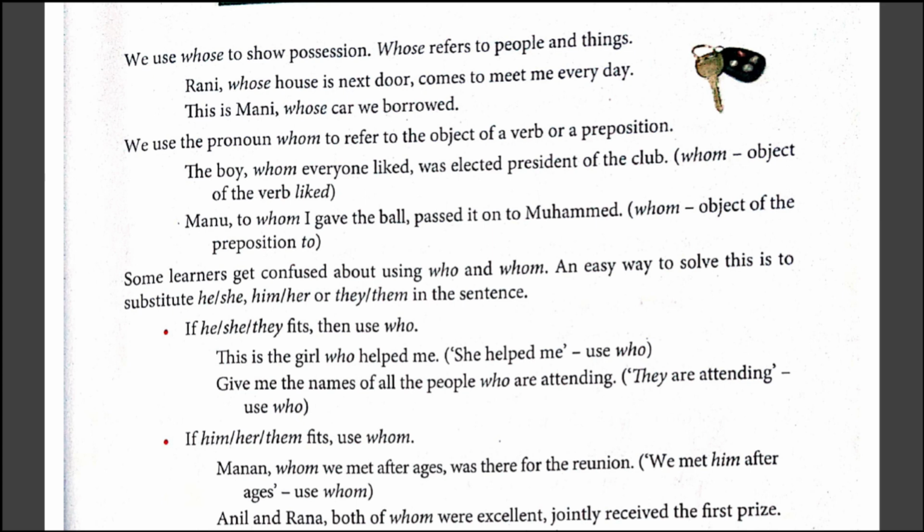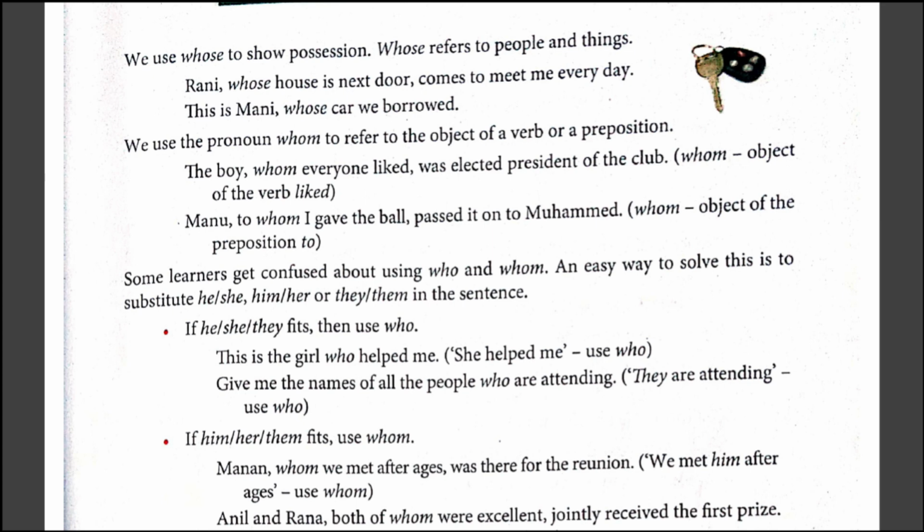Next one, we use the pronoun whom to refer to what? To the object of the verb or a preposition. For example, the boy whom everyone liked was elected president of the club. So here, whom is the object of the verb liked. The boy whom everyone liked.